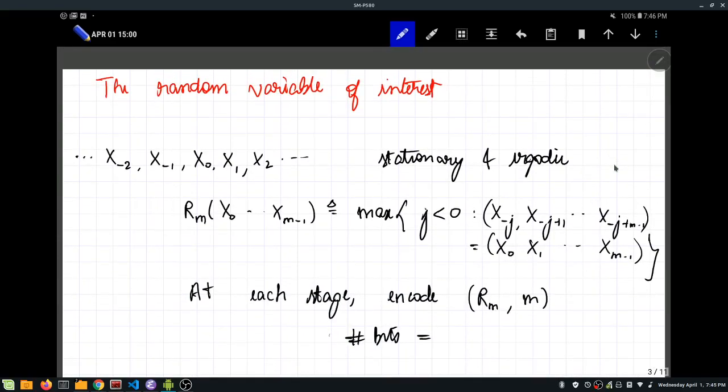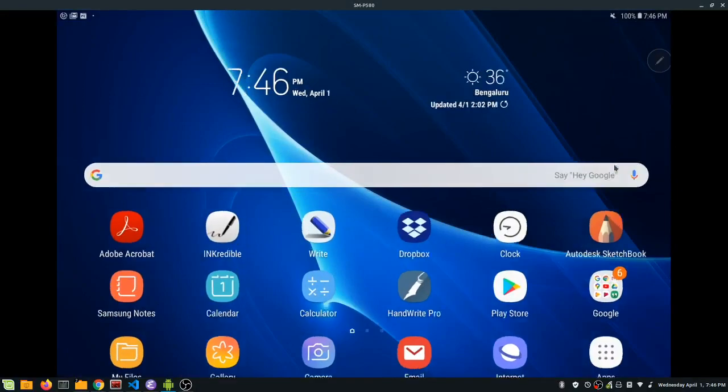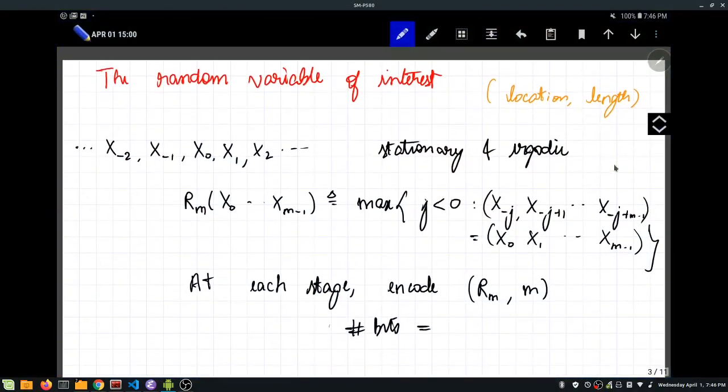The random variable, the quantity that we are interested in, is how the location and length scale with the file size. How does this quantity scale with the file?